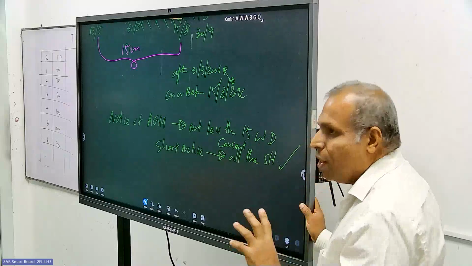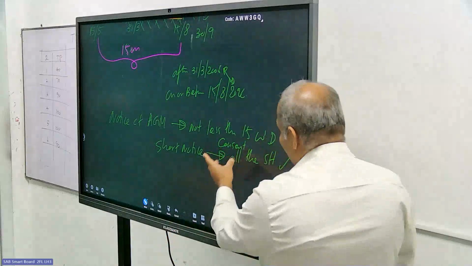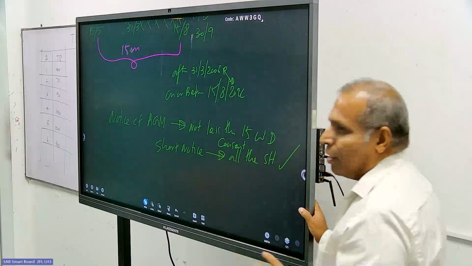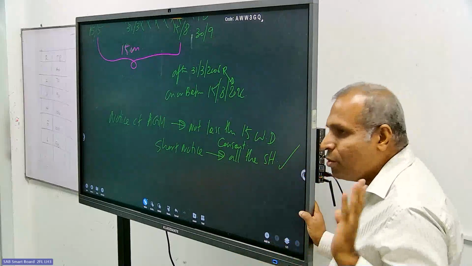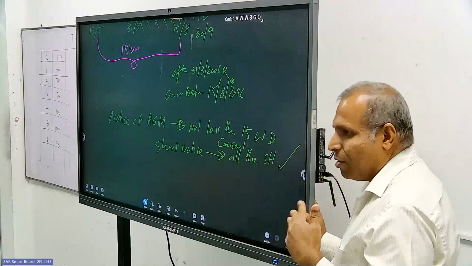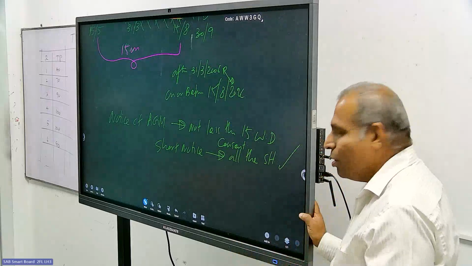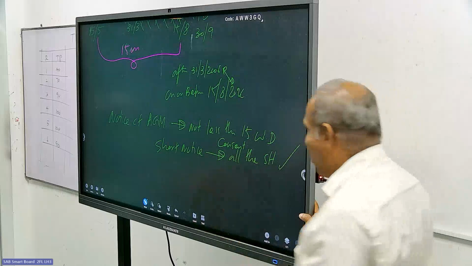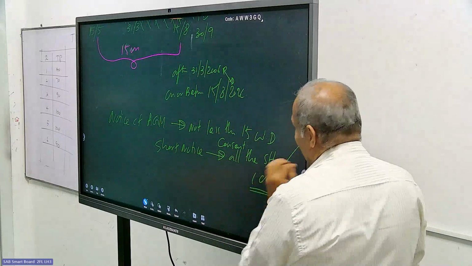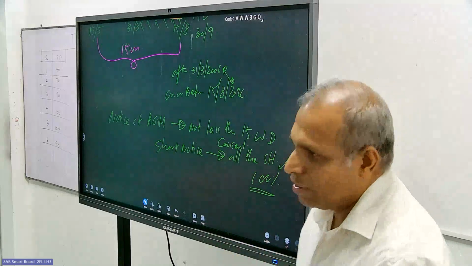But in order to call an AGM by short notice like this, all the shareholders must give their consent. They must agree. They can sign a written resolution giving their willingness or approval to call the meeting by short notice. All the shareholders means 100% of shareholders must agree to call the meeting by short notice.